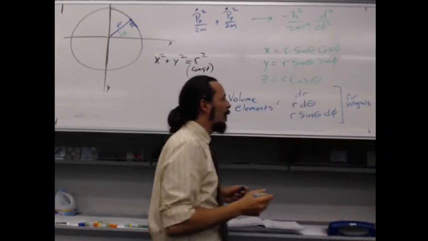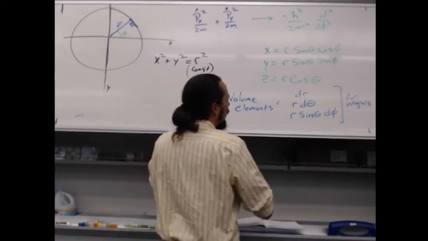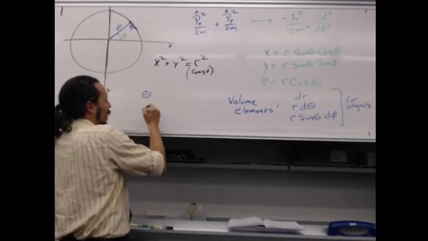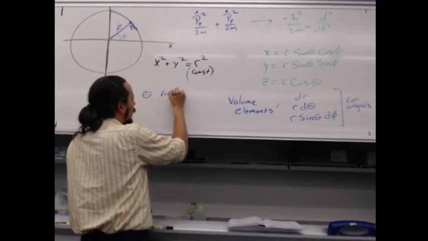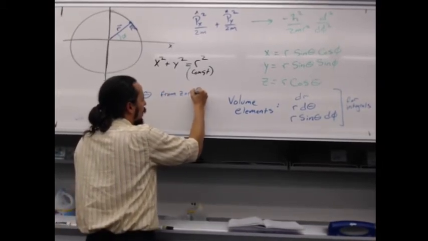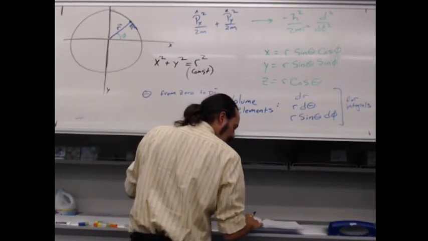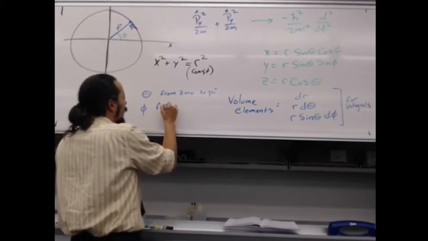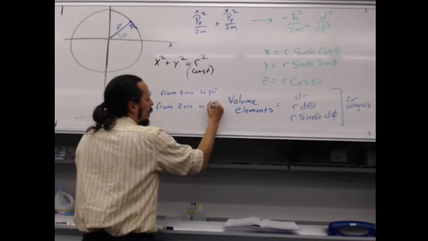That's going to be important for when we do our integrals, which also makes it important to mention theta is going to go from 0 to pi, and phi is going to go from 0 to 2 pi.